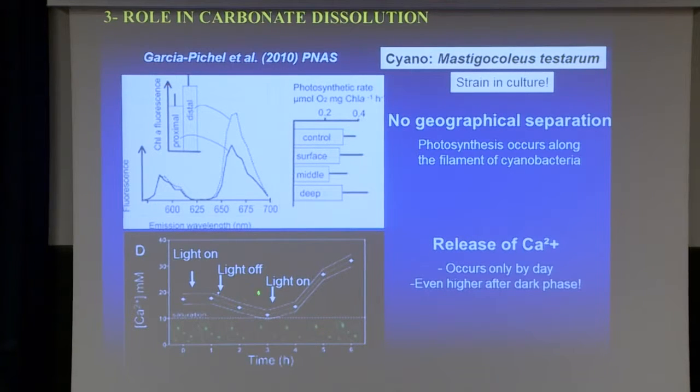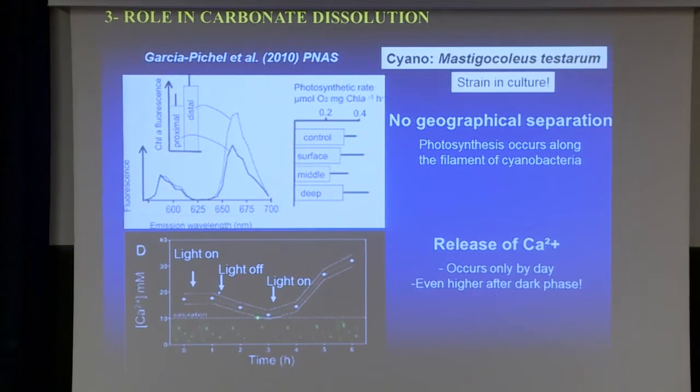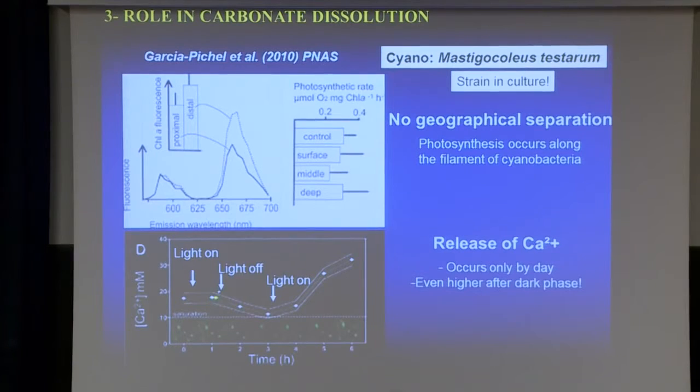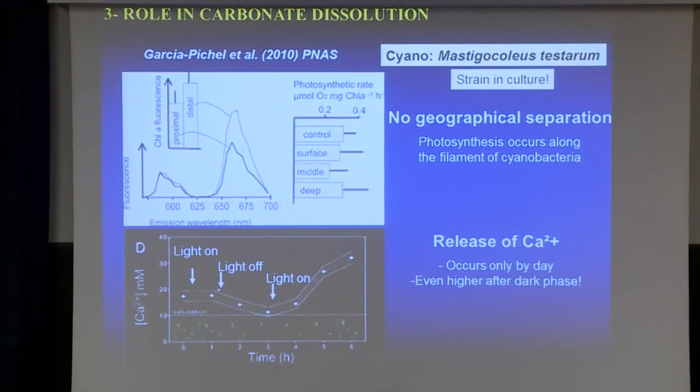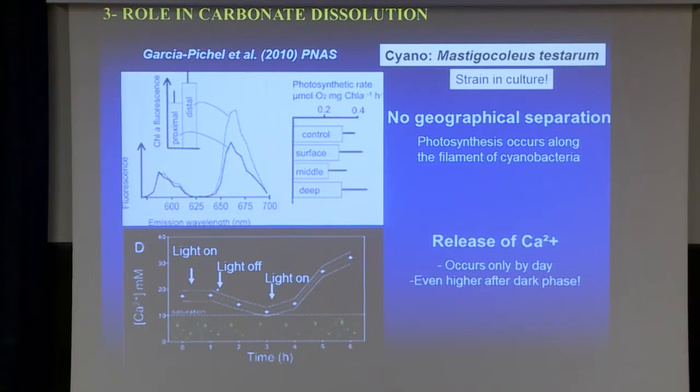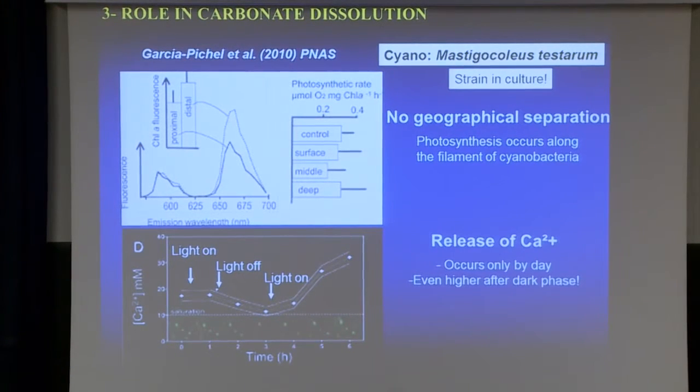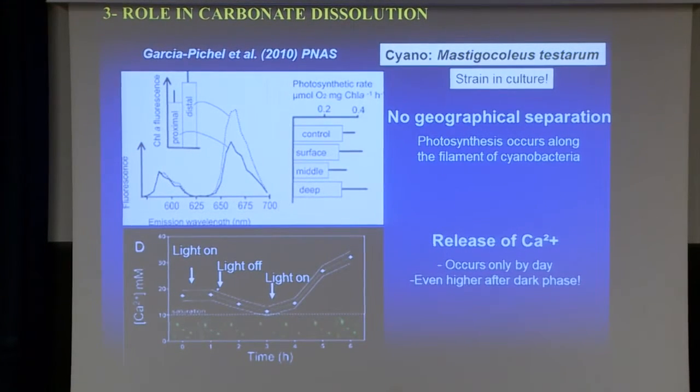And then when they turned the lights on again, the calcium release took place again and was even higher than before the dark phase. And remember that. So they really suggested that calcium pumps were involved in this dissolution process, and it would occur during light because these transporters need ATP, so they need the photosynthetic activity to run.